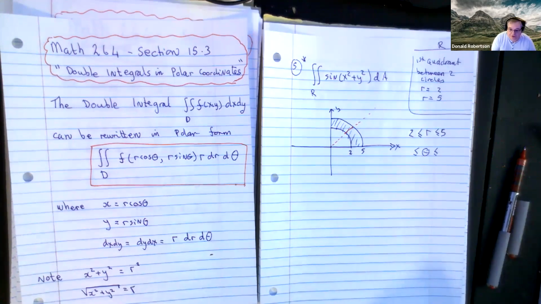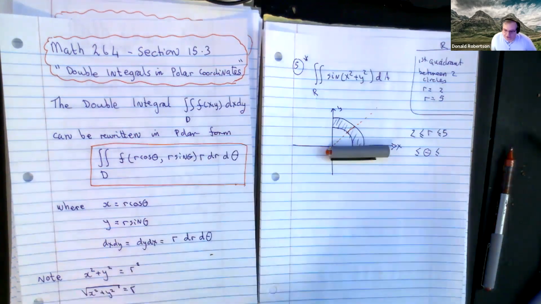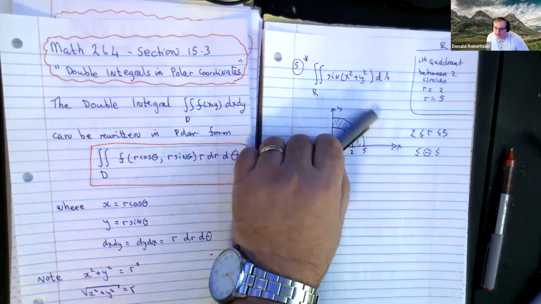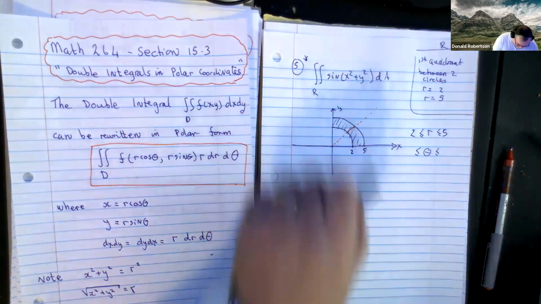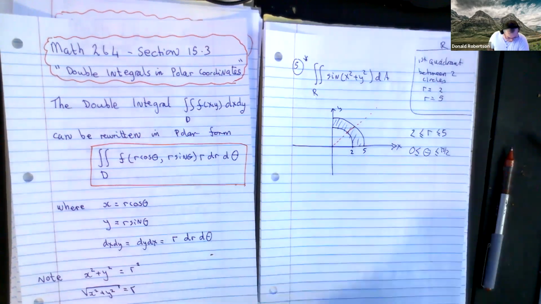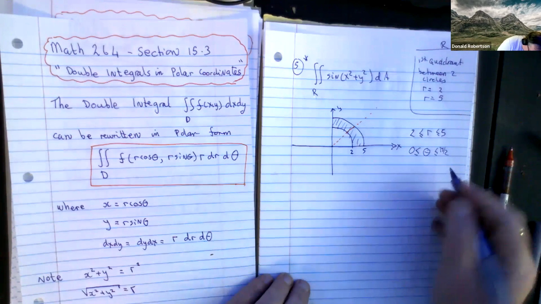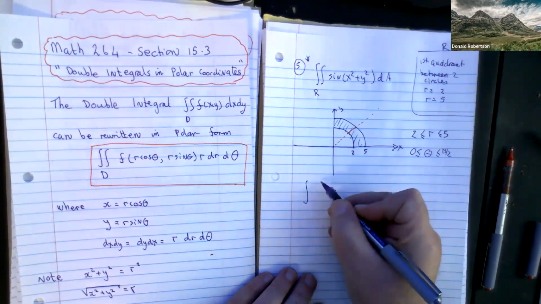Now, if you're interested, as we should be, what are the thetas? Can you imagine you start at the x-axis, which is theta equals 0, and you rotate and you stop here, which is at 90 degrees, which we call pi upon 2. So let's take this guy and see what we get.